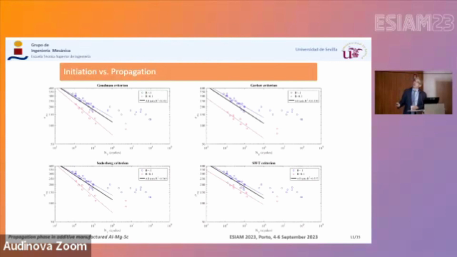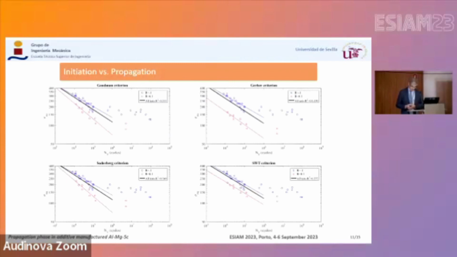Here, we see that they are closer together, but well, the red line is a fit to the results of the 0.1 group, the blue one for the -1, and the black line is a fit to all the data.